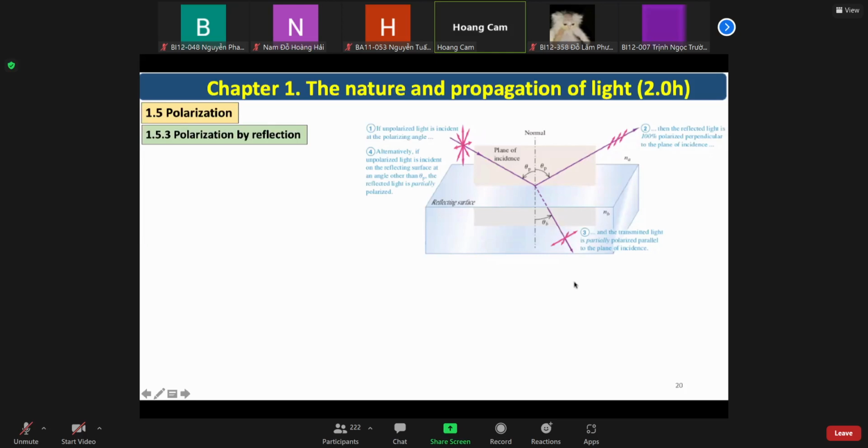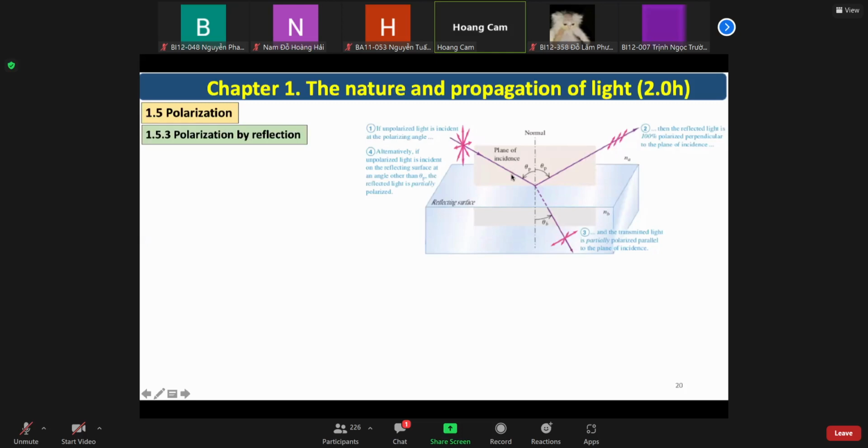Sometimes you use the word transmit, when the light travels from one material to another one. We also have this kind of plane, which consists of the normal and the incident ray. It is called the plane of incidence.